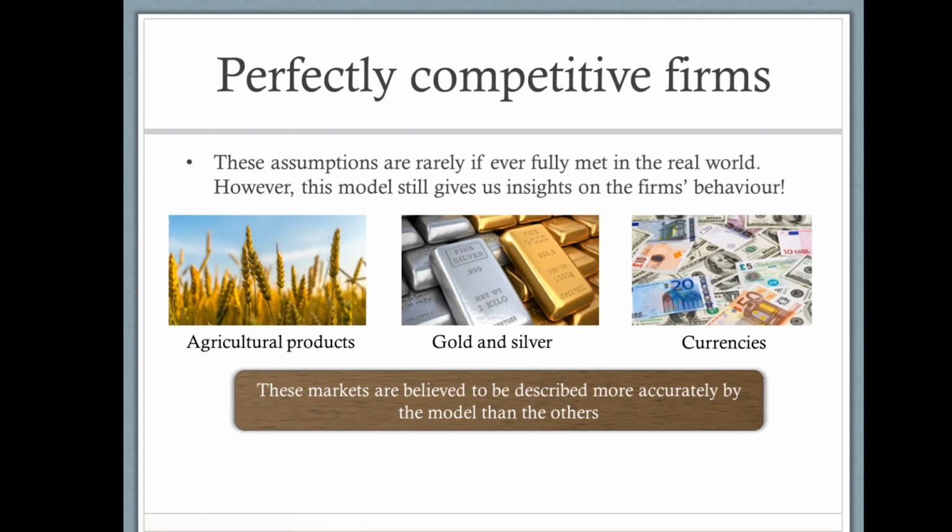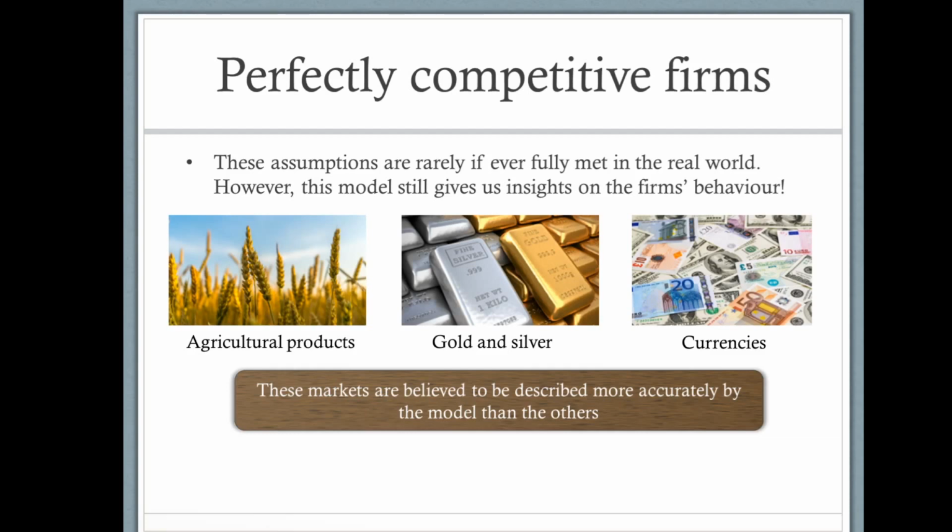Think about the nature of the products in these markets: in the agricultural market, in the gold and silver market, in the currency market. Think about the nature of the product, the market itself, and the price of the products.